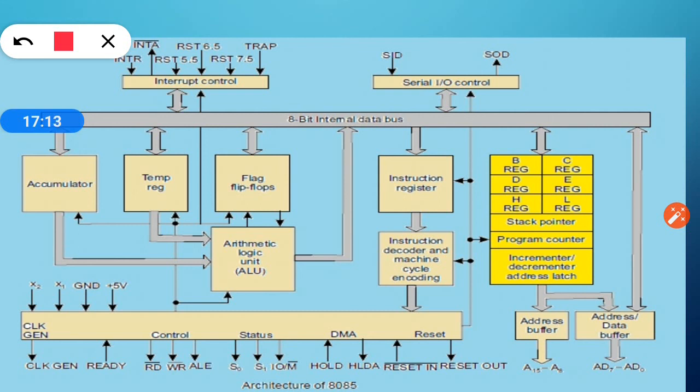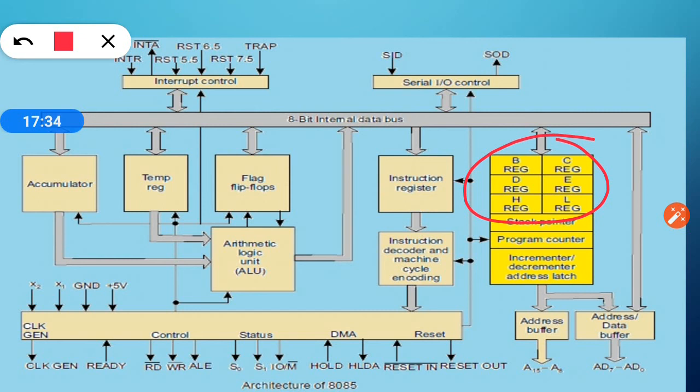So now the next block, which also has equal importance, is the general purpose registers. Again I will revise that because it has great importance. As its name indicates, general purpose registers can be used for our general purpose.